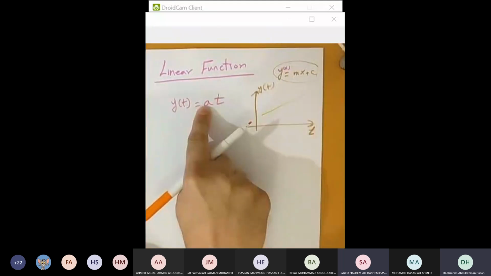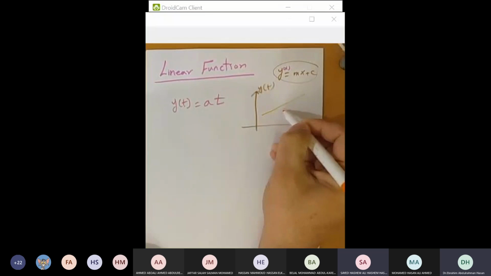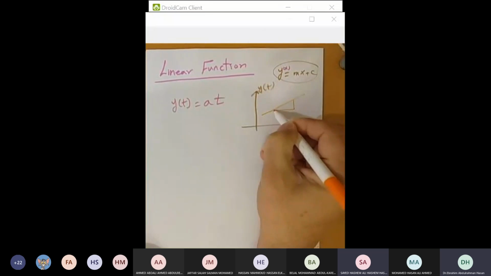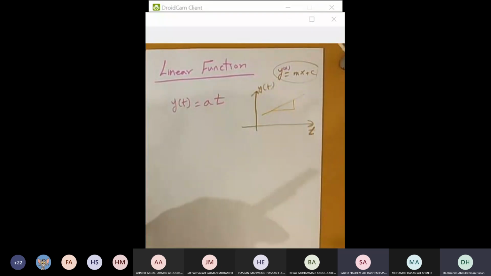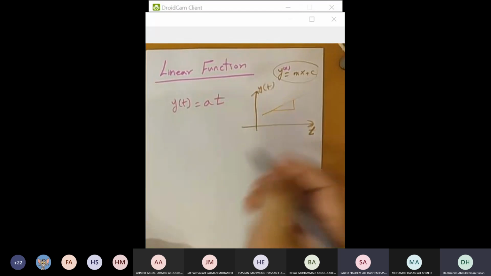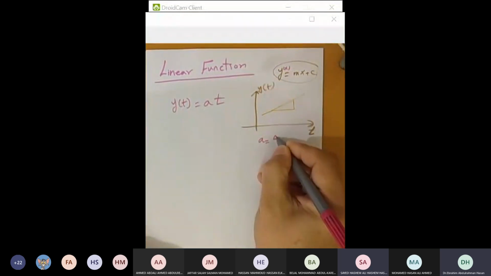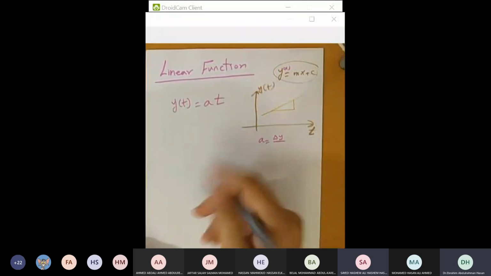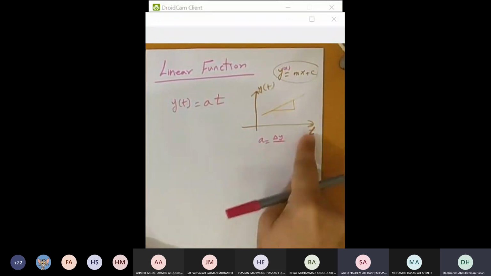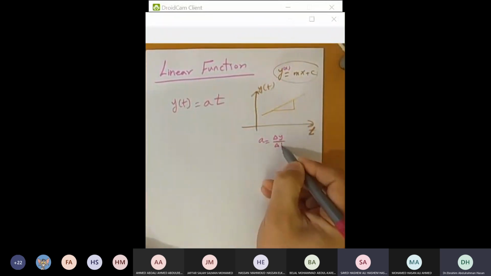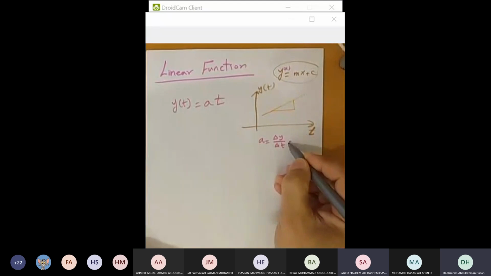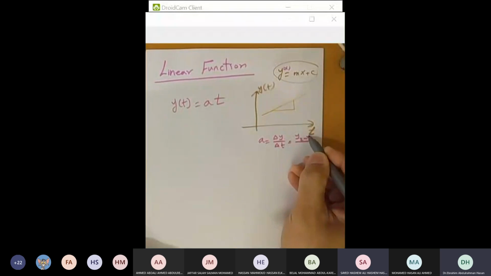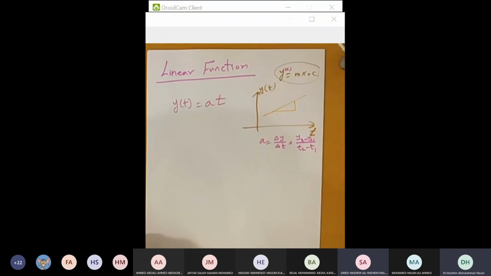Okay, then what is a? A is the slope of the line. Okay, how to find a? How to find the slope of the line, which is a equal to delta y over delta x. But as we said, delta x here is delta t, which is equal to y2 minus y1 over t2 minus t1.